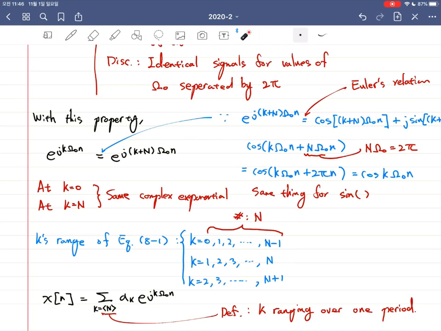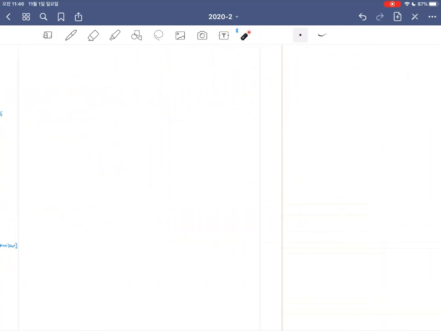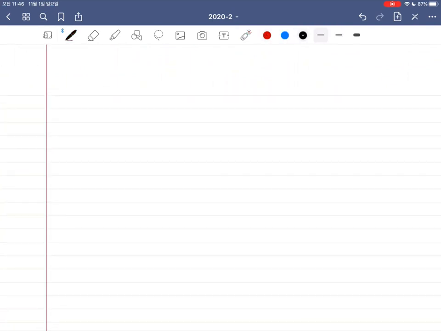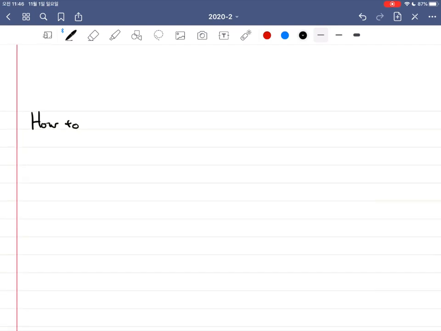Now, how do you determine this a_k? That's the main thing that we did for continuous time, and this will lead to the analysis equation for the Fourier series. So our next question is, how do we determine the coefficient a_k?